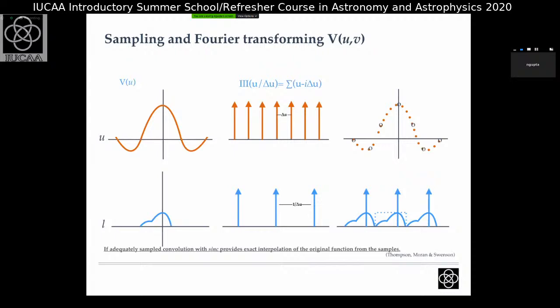So now what does this mean in the corresponding Fourier domain? Now we come to the lower set of figures. Corresponding to visibility, I have, let's say, intensity I(l) here. And let's say this is how it looks, some kind of a double hump kind of thing. And the Shah function, we know again from Fourier transform, will again be a series of delta functions, but now the separation will be 1 by delta u, right?